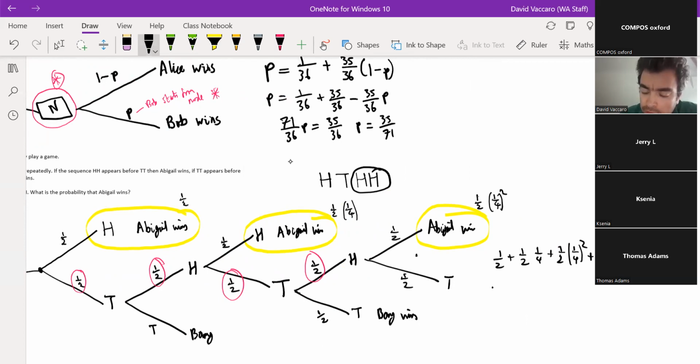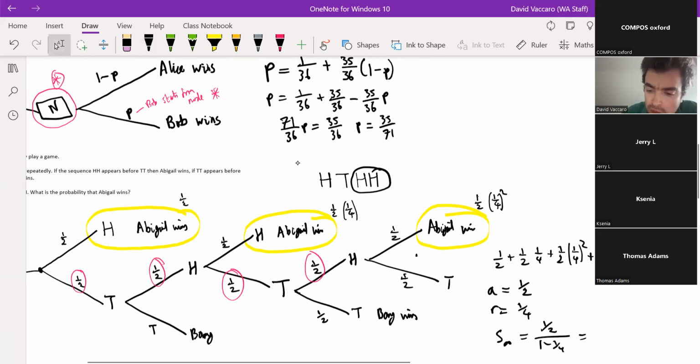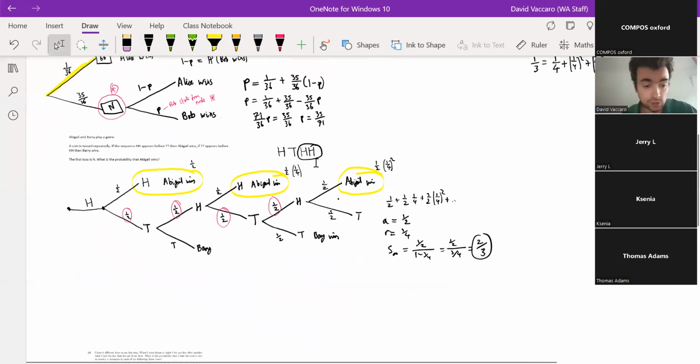Okay, so we get an infinite geometric series with first term a half, common ratio a quarter. So the sum to infinity is a half over 1 minus a quarter, which is a half over 3/4, which is 2/3. Okay, that's the infinite tree.